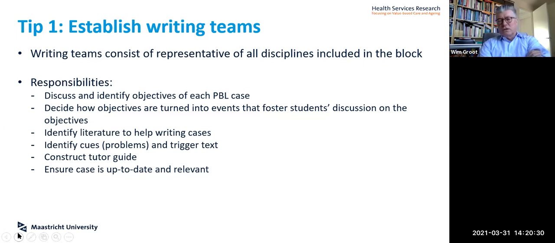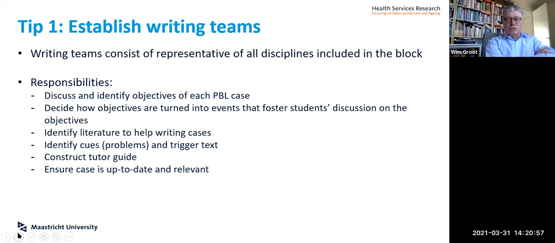Usually you try to write an attractive case, a real-world case that provides a good starting point for discussion for students. So that means that not all solutions to problems should be included in the case itself, because that makes that there's not a lot to discuss for students.